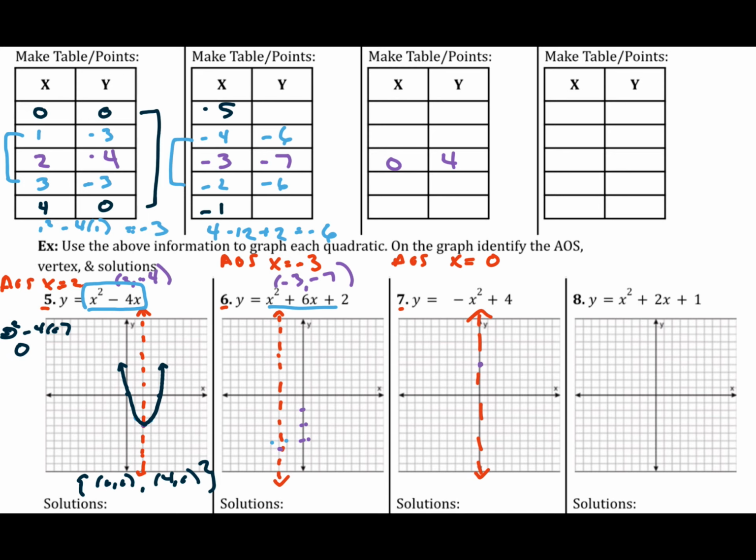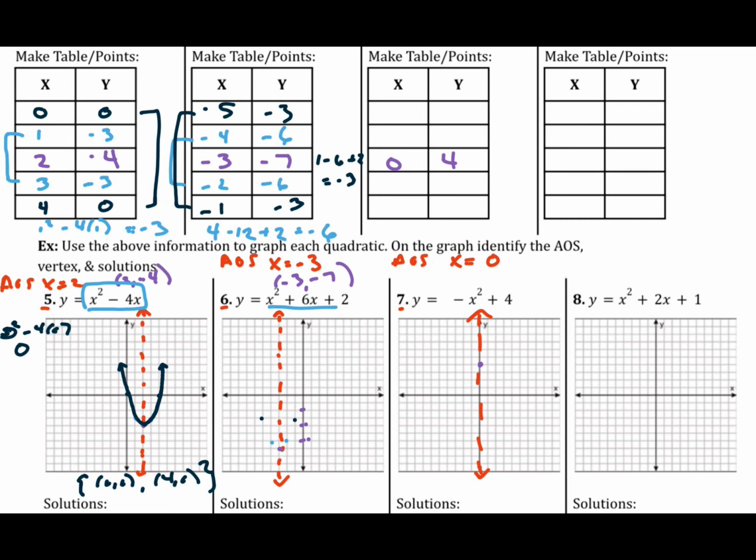Then I get to choose between -5 and -1. I'm going to choose -1. -1 squared is 1. 6 times -1 is -6, plus 2. This is going to give me -3. So that's going to put me here. And since I have not yet crossed the axes, I need to find another point.